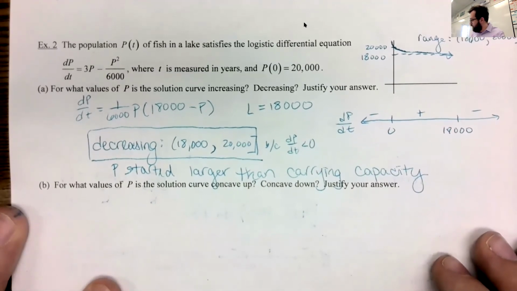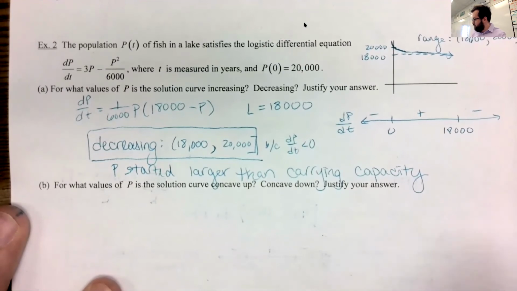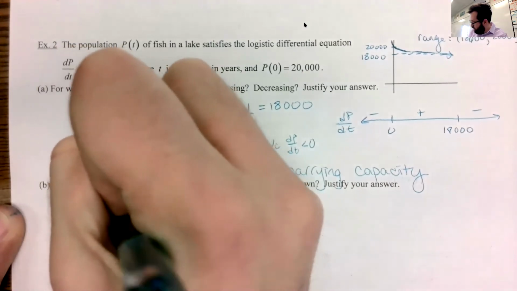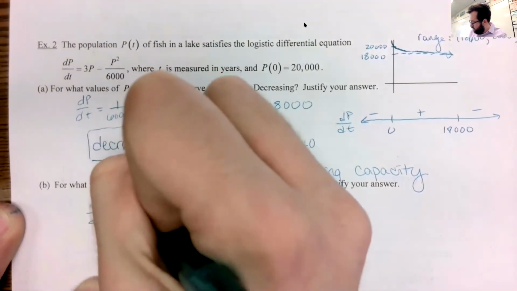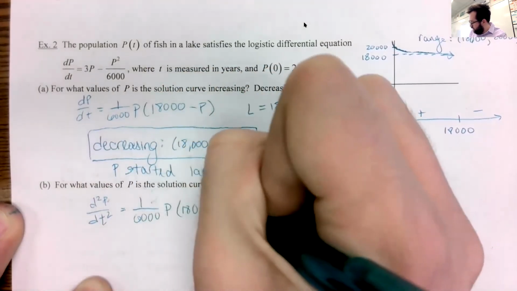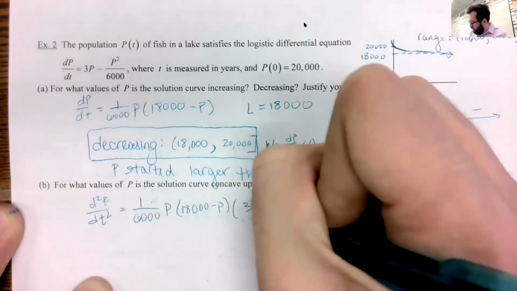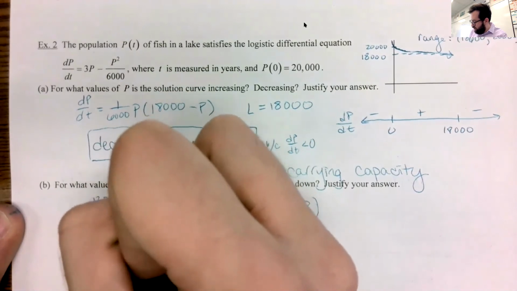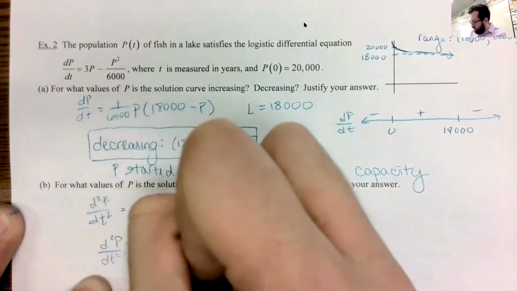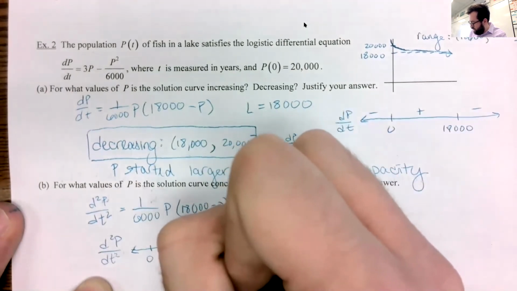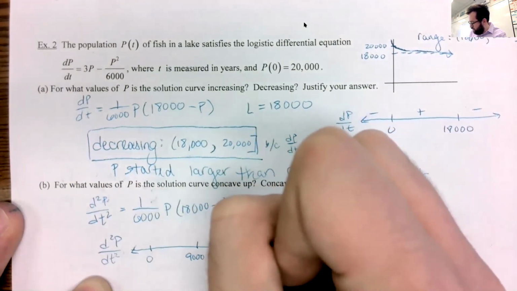Justify your answer. If we go back and study that second derivative again, we already found it back at the top of this page, so I'll just write it down. And if we take a look at that sign chart, we had points at 0, 9,000, and 18,000.